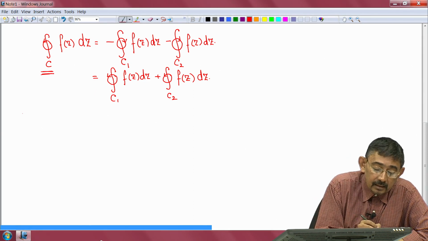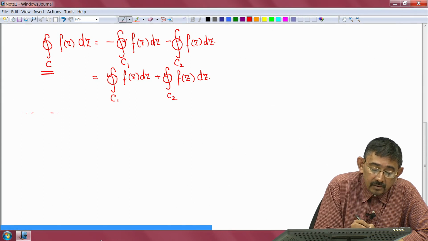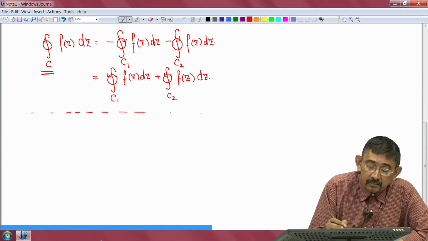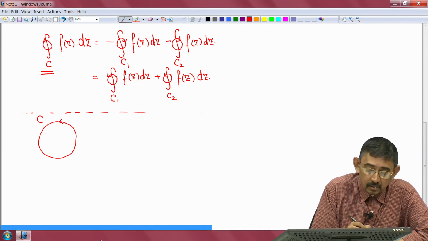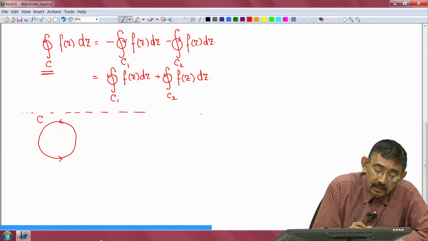Okay. Now, a further bigger consequence is, suppose there was only one. So, this is the outermost contour C traversed in the counterclockwise direction, and there was one inner contour, let us say C0.